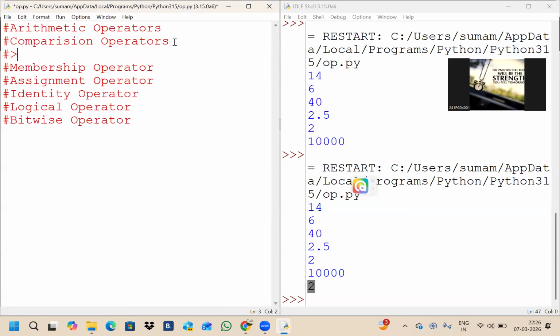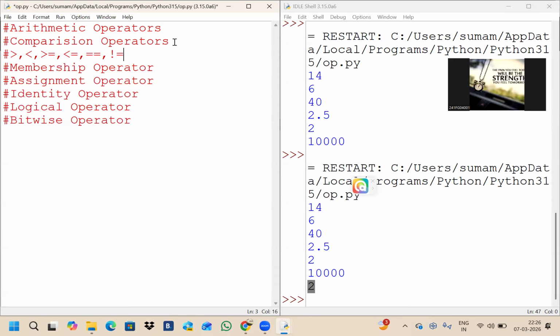Greater than, less than, greater than or equal, less than or equal, equal, not equal. Here we are comparing two numbers, whether the two numbers are equal, not equal, greater than or equal, less than or equal, like that.